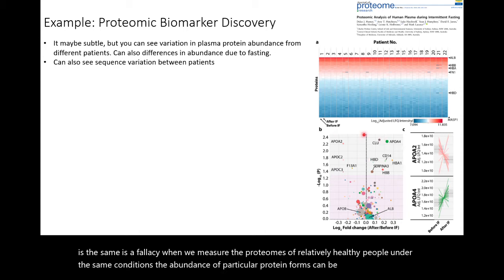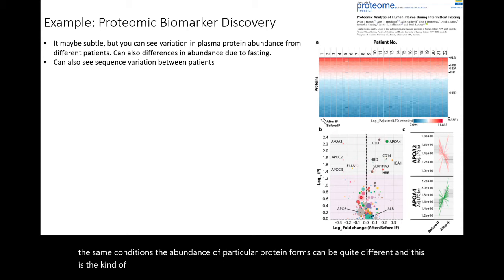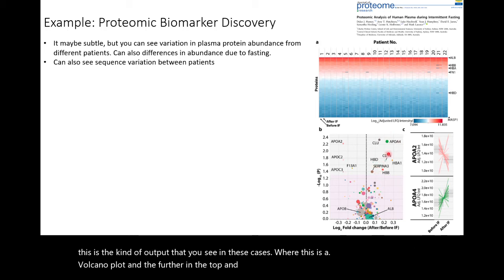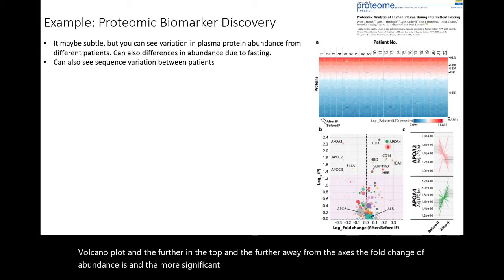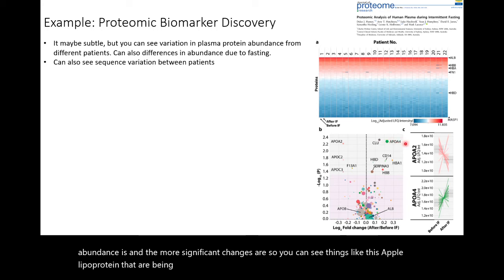And this is the kind of output that you see in these cases, where this is a volcano plot, and the further to the top and the further away from the axes, the greater the fold change of abundance is, and the more significant the changes are. So you can see things like this apolipoprotein that is increased in expression due to fasting, and other ones that go down in abundance.